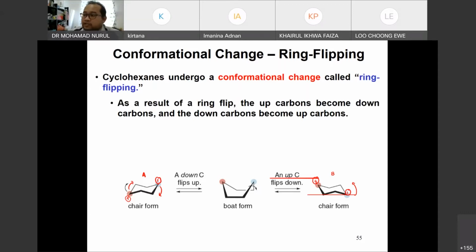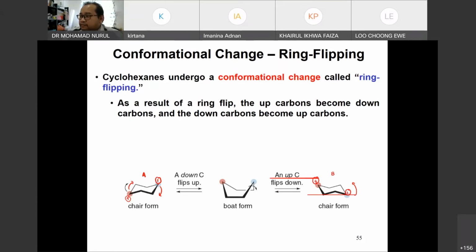In these positions, usually I call it flip down because we have to pull this one going down. So from this one, carbon number 1 has to go down and carbon number 4 has to go up. For this one, it's different.